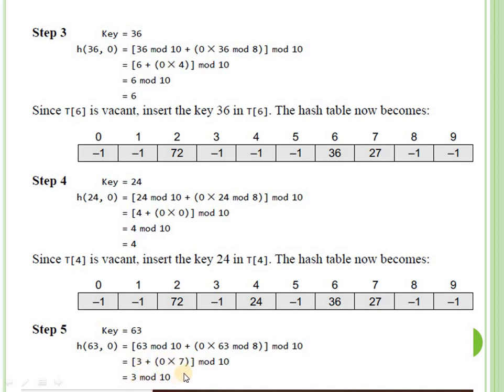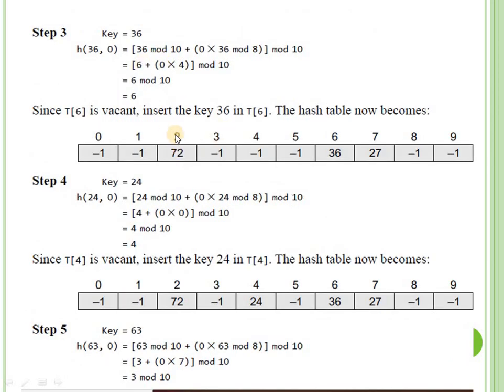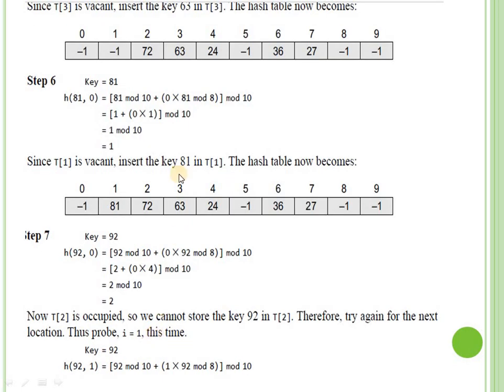So 3 mod 10, and we got the answer 3. It means we have to check whether T of 3 is vacant or not. In this example T of 3 is vacant. So we store this key 63 at T of 3. Here we store that value.